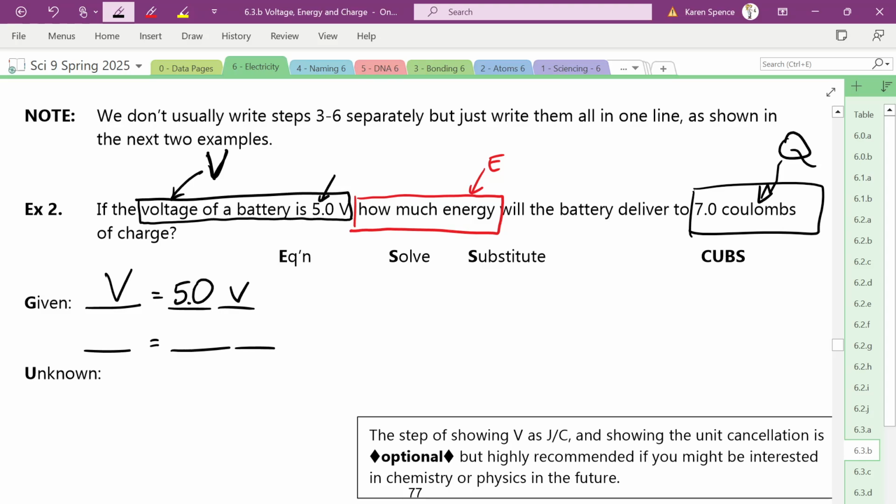We have charge, Q, is equal to, and our number is 7.0, and our unit is coulombs. Our unknown, blank equals blank blank. How much energy? So E is equal to, we don't know how many because it's our unknown. What is the unit of energy? Joules. Okay, so that's going to be joules.